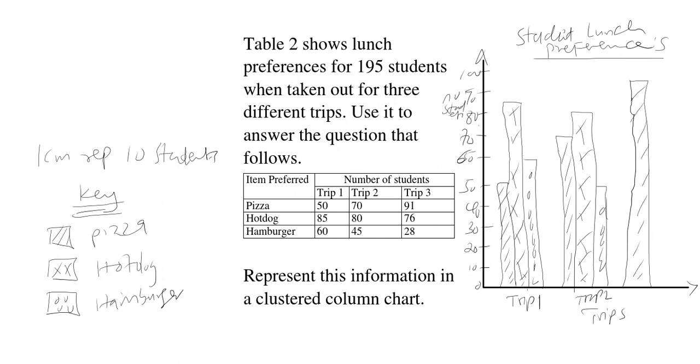We draw 76, somewhere there, and we shade it. Then we draw 28, somewhere here, and we shade it. And we name this as trip 3. So that is how we draw a clustered column chart.